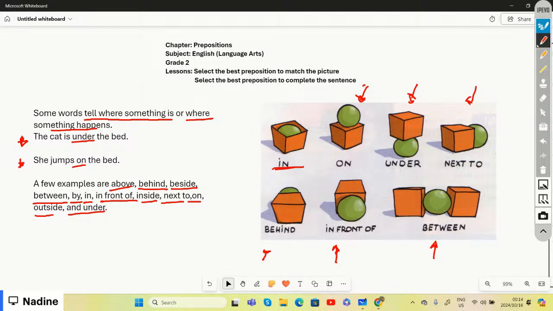And if we were to look at these words, these examples, it tells us where something is. All right, and this we call prepositions.